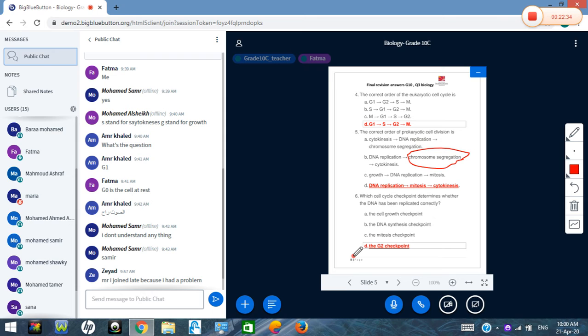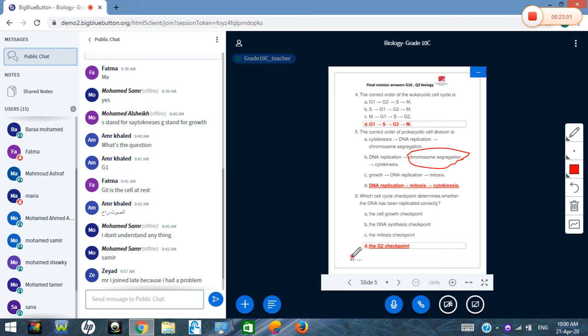Which cell cycle checkpoint determines whether the DNA has been replicated correctly? The DNA is replicated during S phase.